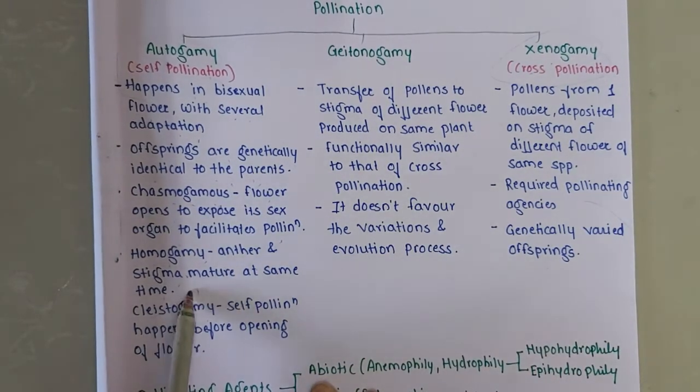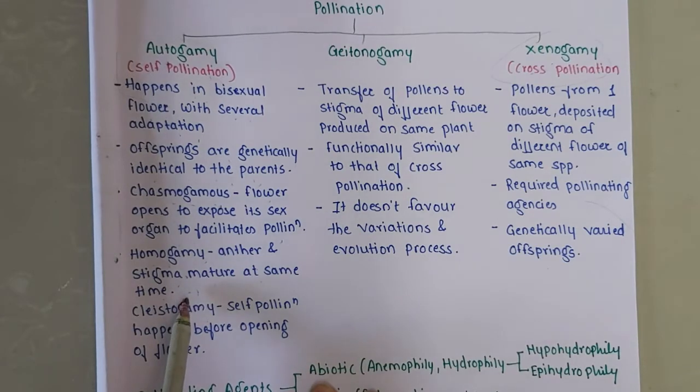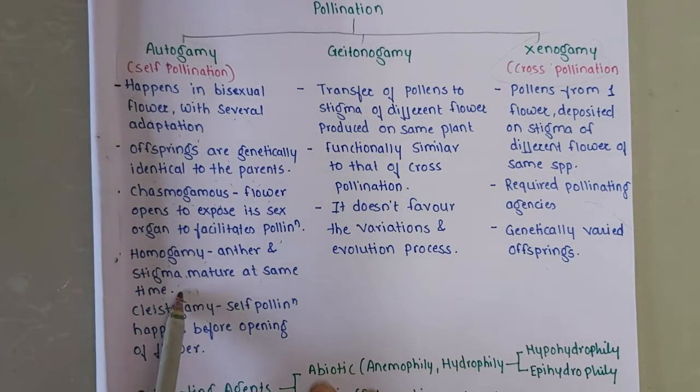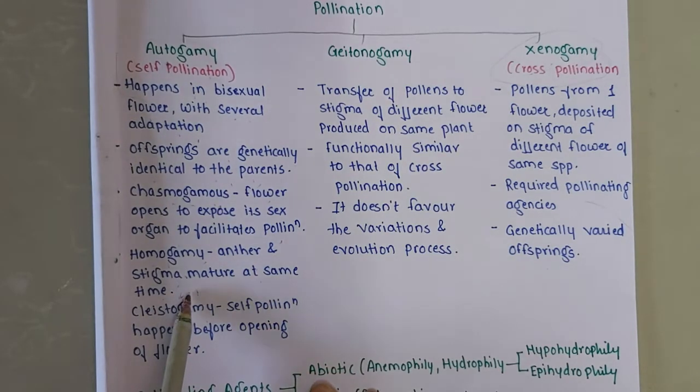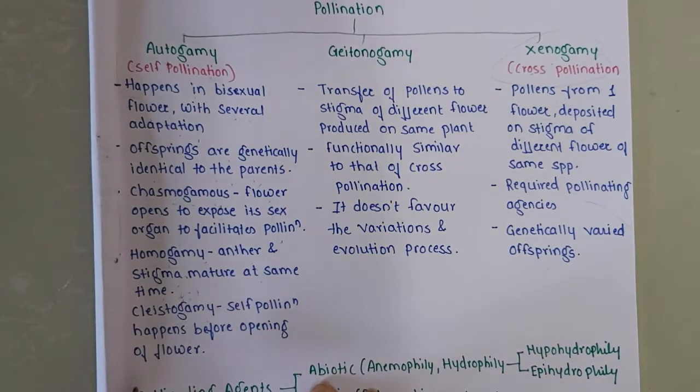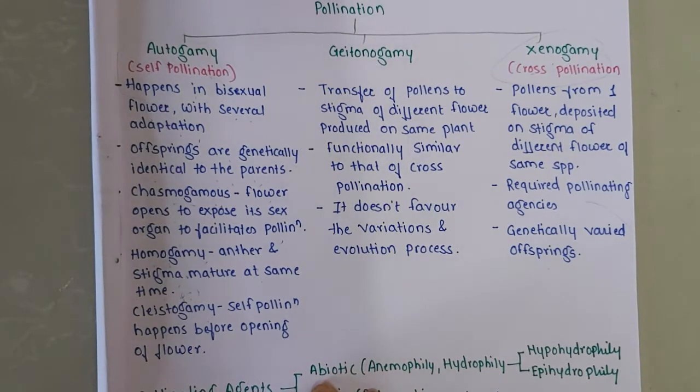For example, in hibiscus, if the anther and stigma mature at the same time, you will call it a homogamous flower.